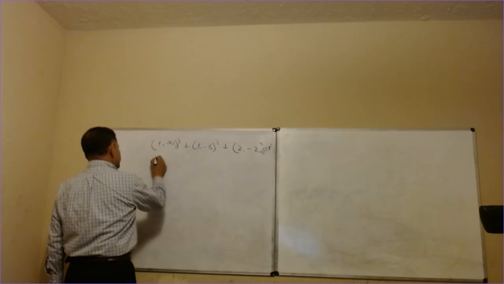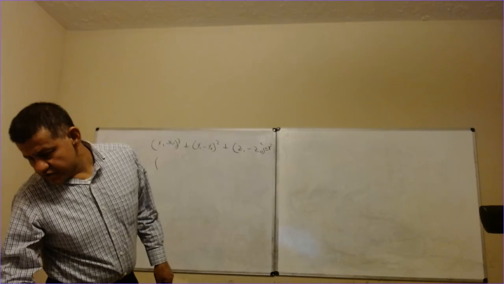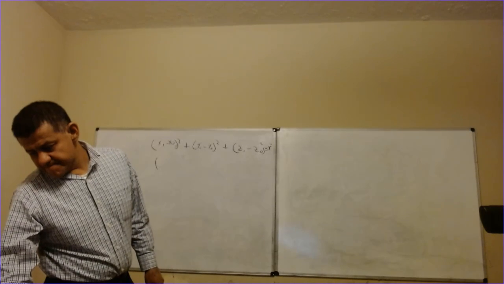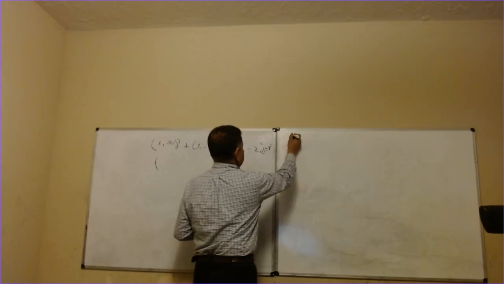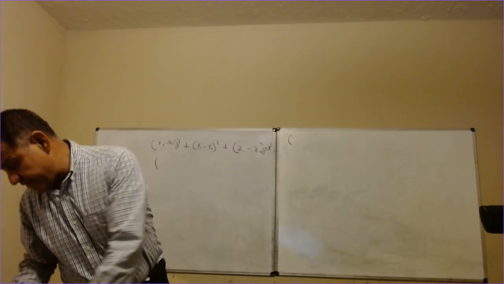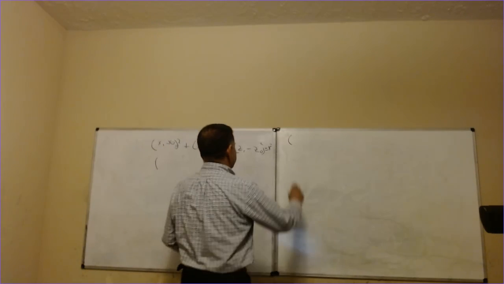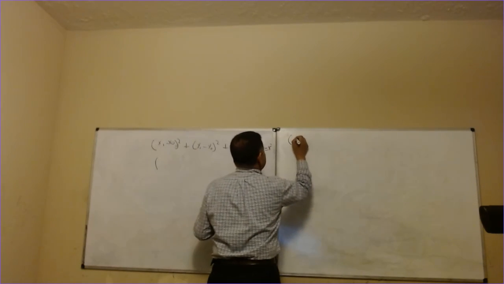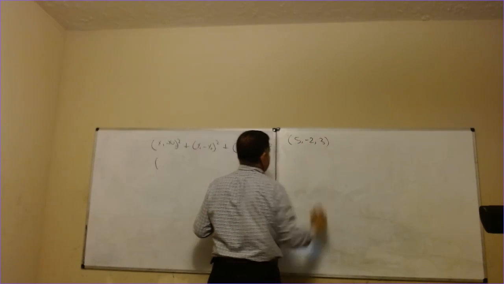So here, for the points I got 5, comma, negative 2, comma, 3.